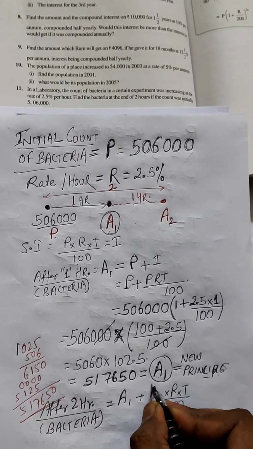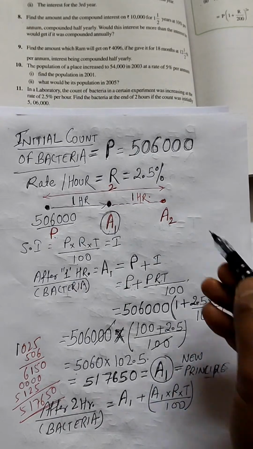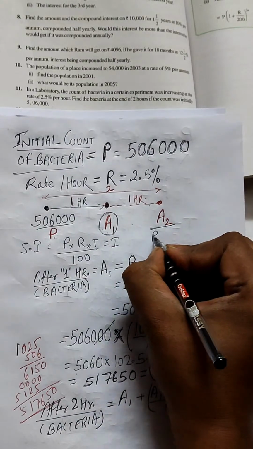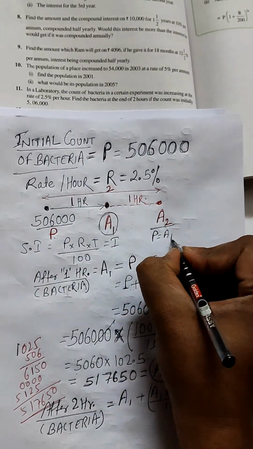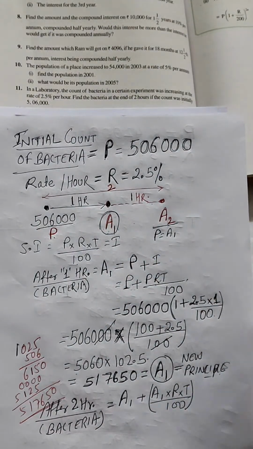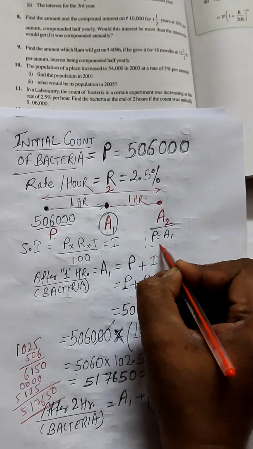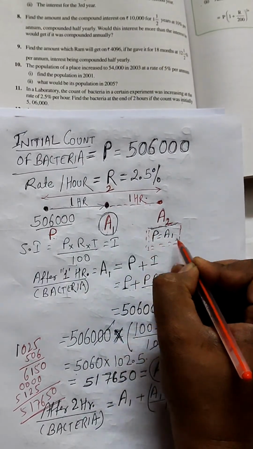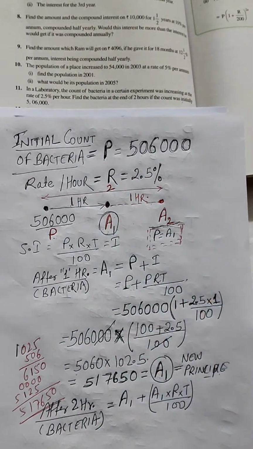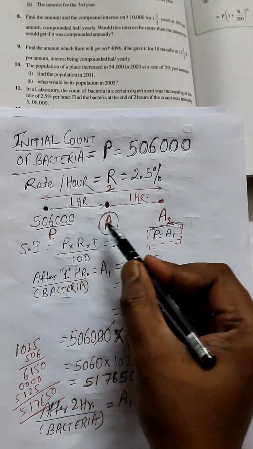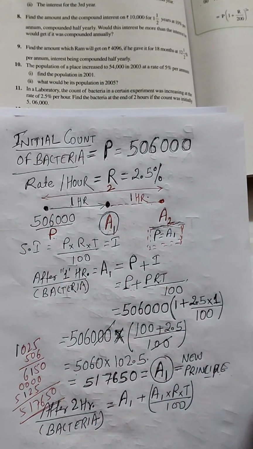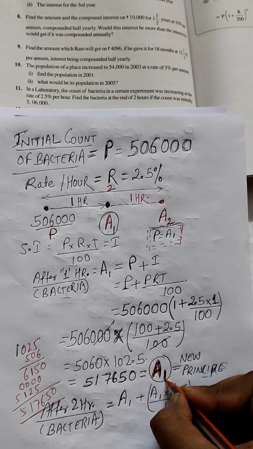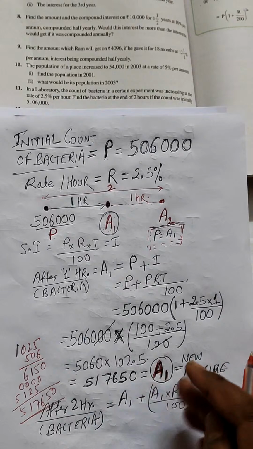That means the additional interest when you are reaching from the first hour to the second hour. So here the P is equal to A1. Mind it, this is the thing you need to remember, because the value of P changes to A1, and A1 is calculated as 517650.